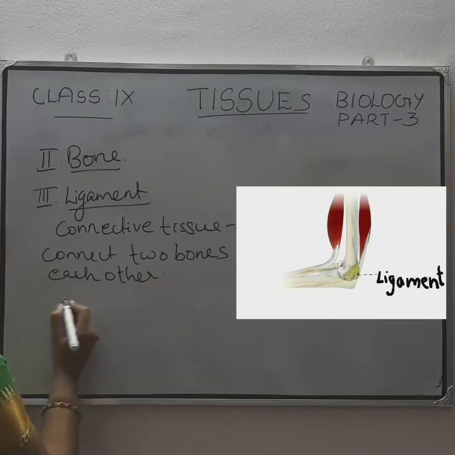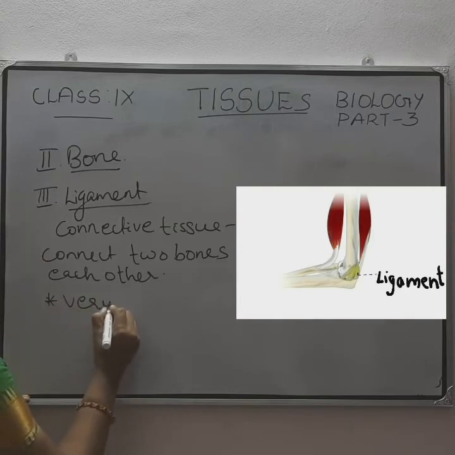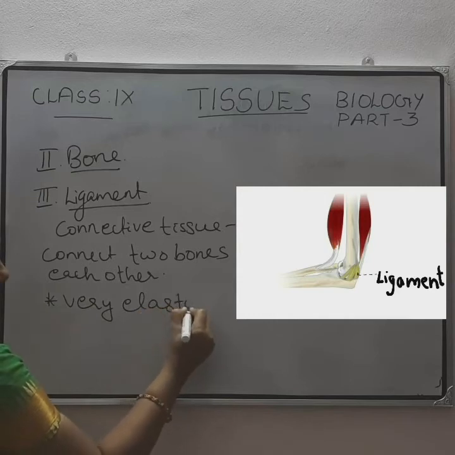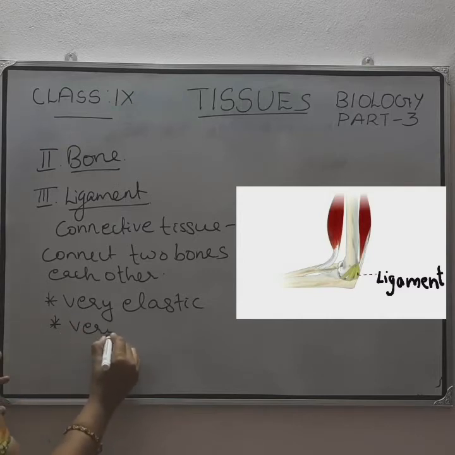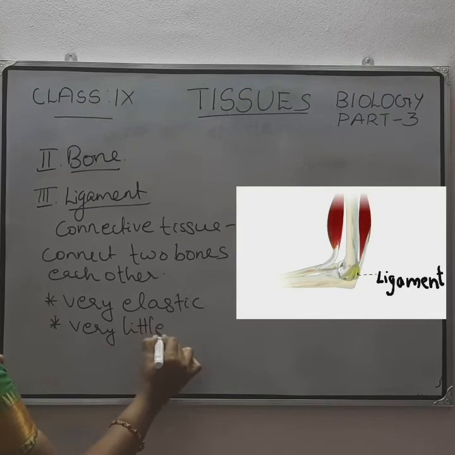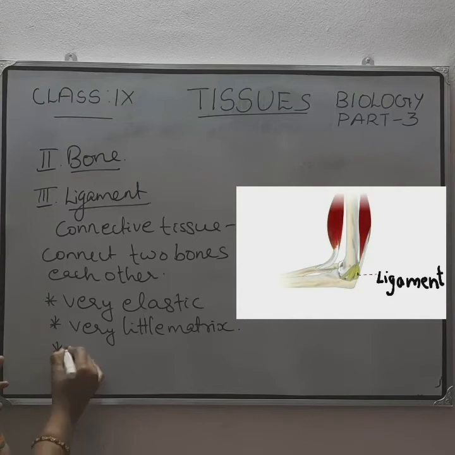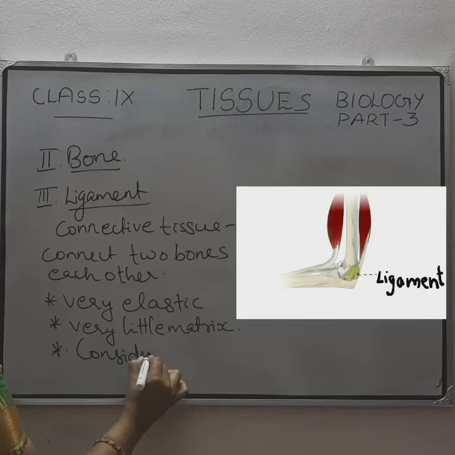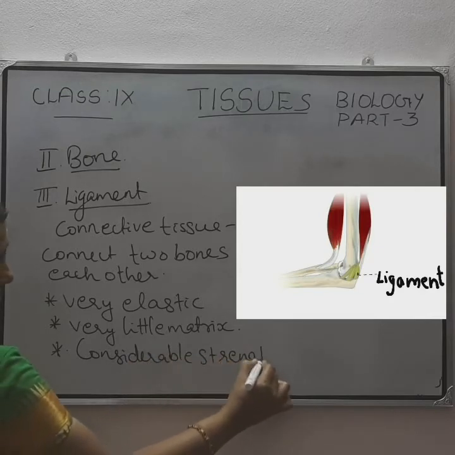Then other features are, these ligament cells are very elastic in nature, and this tissue consists of very little matrix. And these have considerable strength. That's about ligaments.